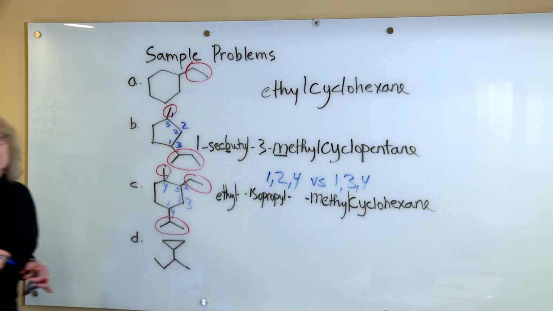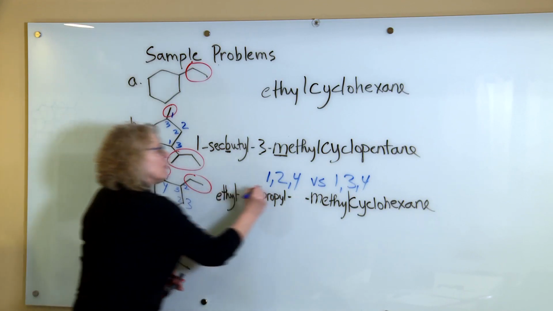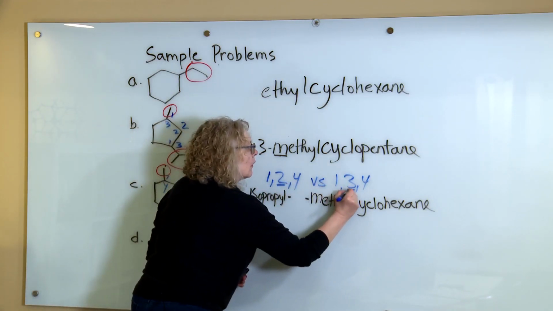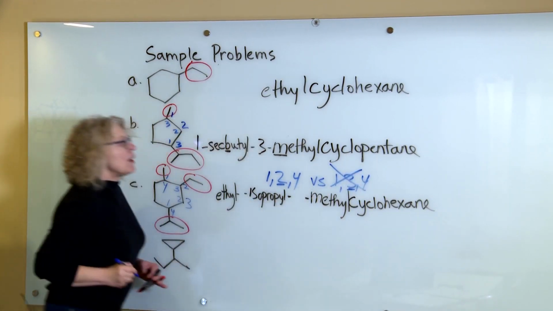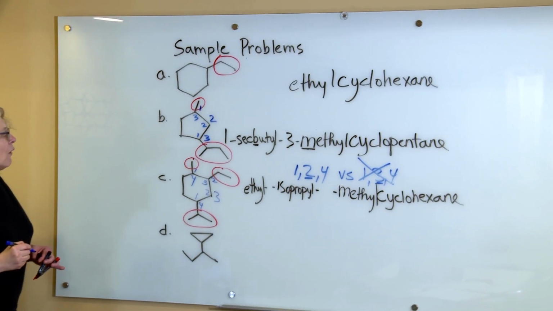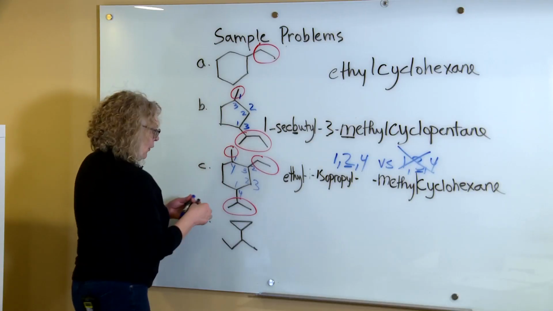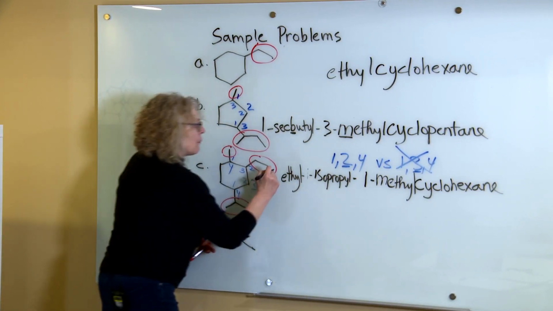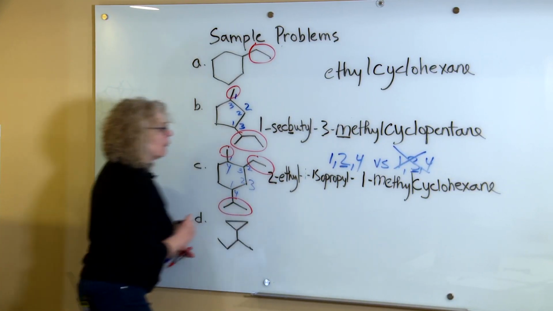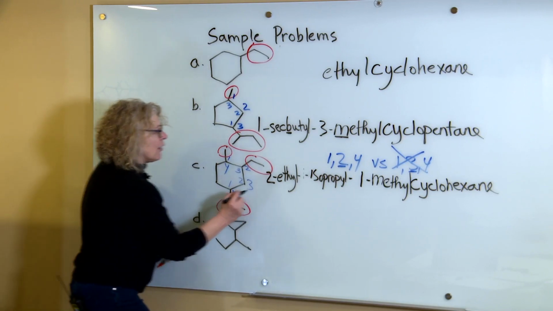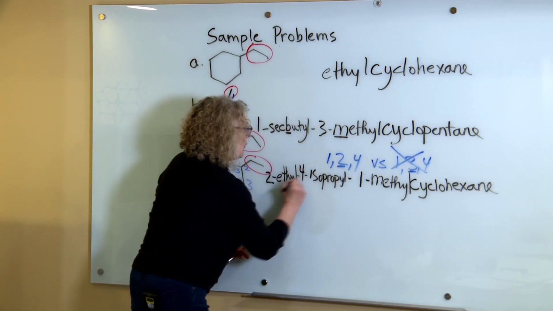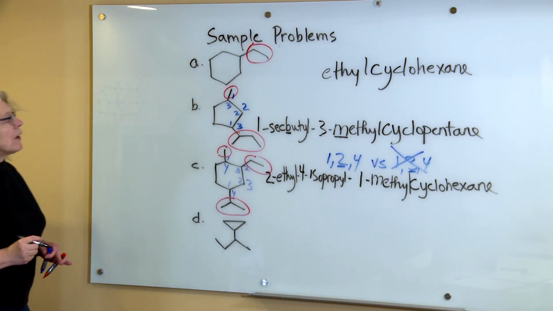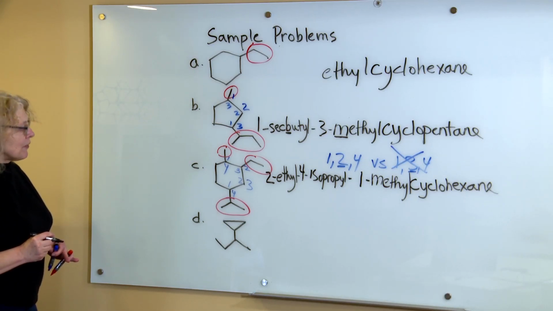So the first number, 1 in both cases, 2 beats 3. So the correct numbering scheme is 1, 2, 4. The methyl occurs at position 1. The ethyl occurs at position 2. I'll just fit this in. And the isopropyl is at position 4. So this is a 2-ethyl-4-isopropyl-1-methylcyclohexane.